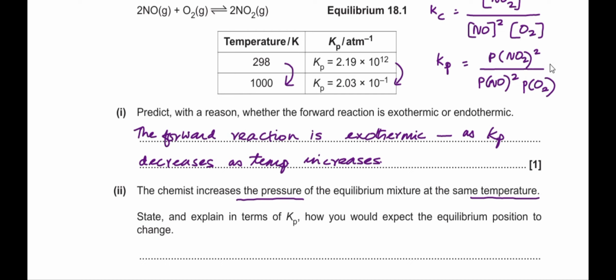But then, going by the Le Chatelier principle, what will happen eventually is the system will correct itself. It will start producing more of the products by shifting the equilibrium to the right, and then Kp will be restored. So this is what we need to bring in our answer.